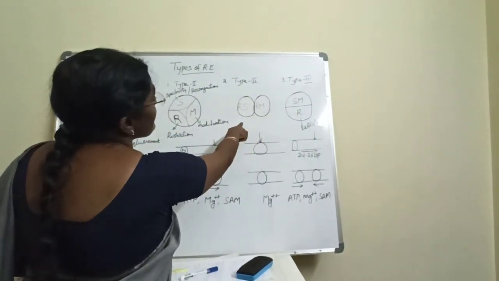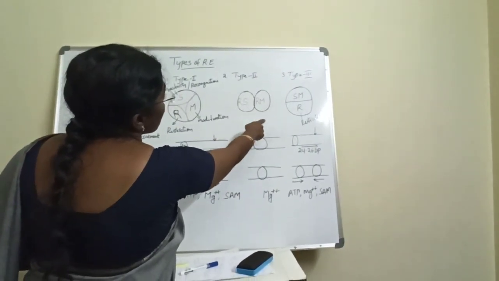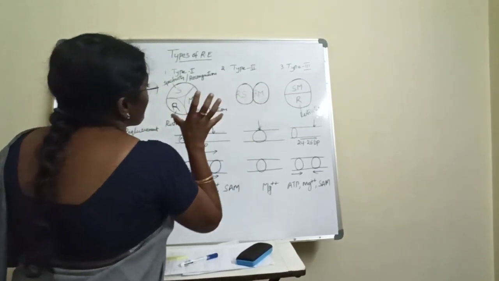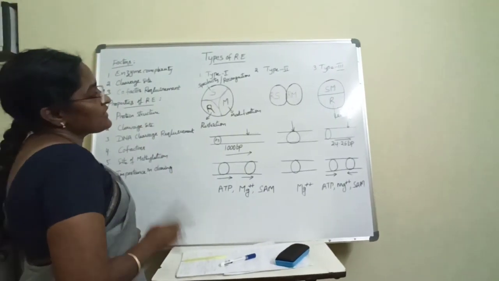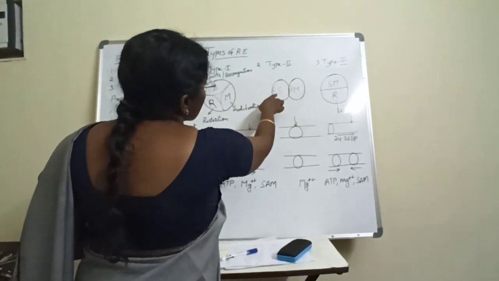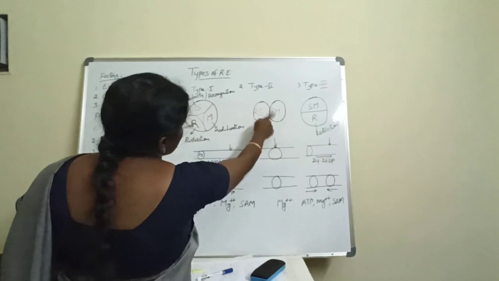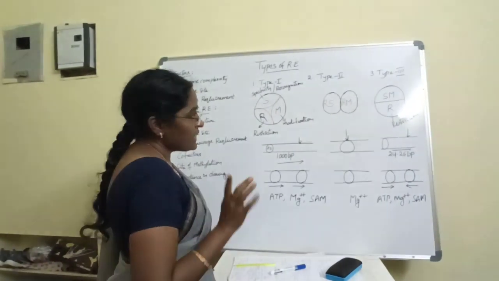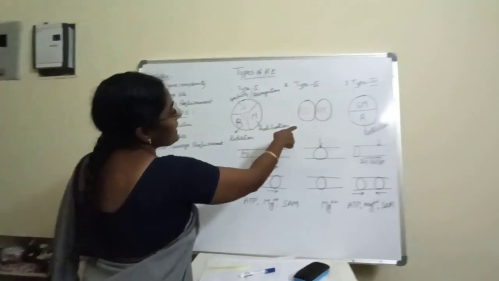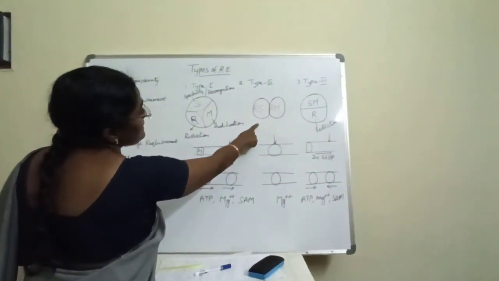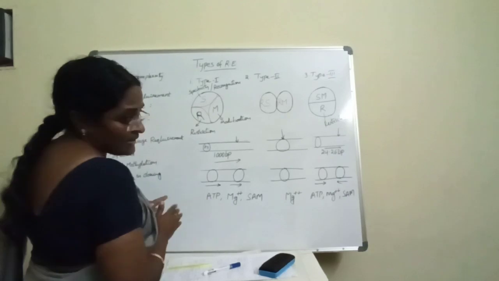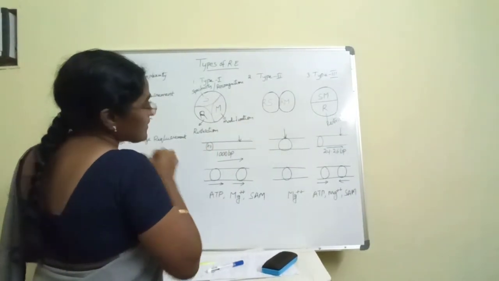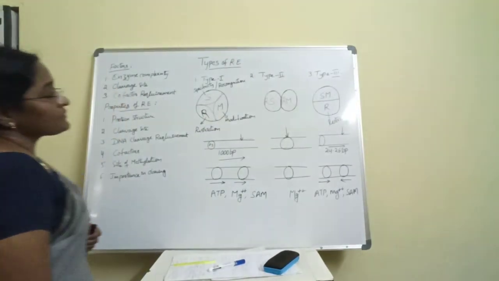In this complex, two enzymes perform the same activity, that is restriction activity. In cloning, only restriction enzymes are needed. So these enzymes are separated and isolated, then used in cloning. That is the one reason.